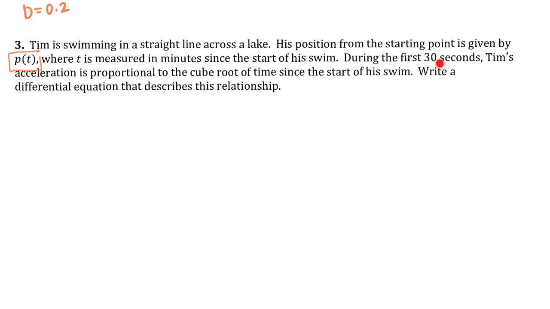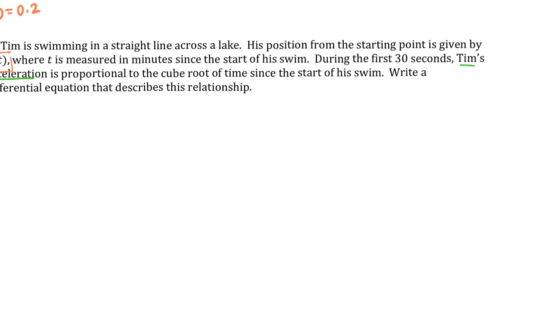Okay, during his first 30 seconds, Tim's acceleration is proportional. What is acceleration? Okay, position is P of t. If I want his velocity, that would be P prime of t. If I want his acceleration, that would be the second derivative of P. Hold on, I'm going off my screen. Let me erase that.